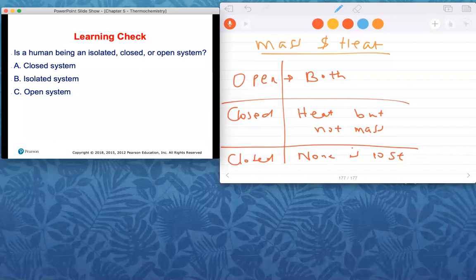Now, is a human being isolated, closed, or open? Let me see on the chat feature, how will you classify a human being? Think about it. Look at my whiteboard and critically think.